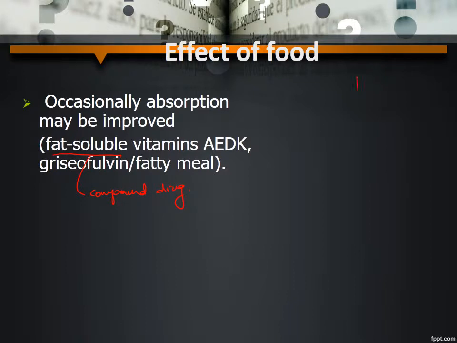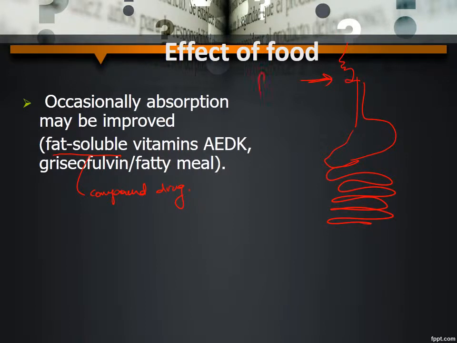Imagine when you take the food, this is the intestine, and you ingest the food. When the food moves down to somewhere near the pancreas and duodenum, bile salt will be released.